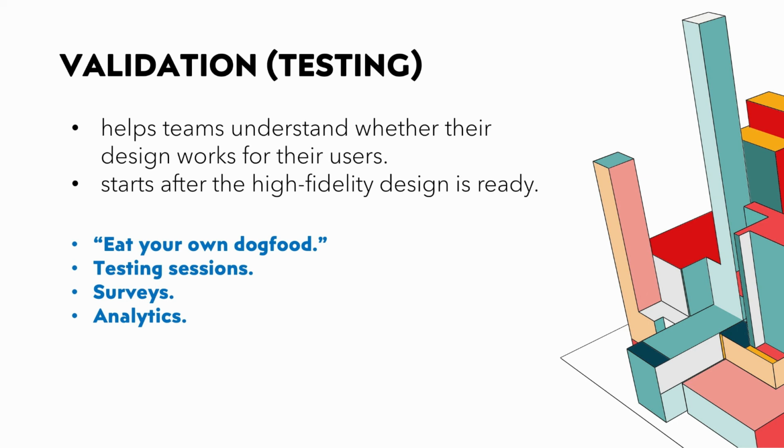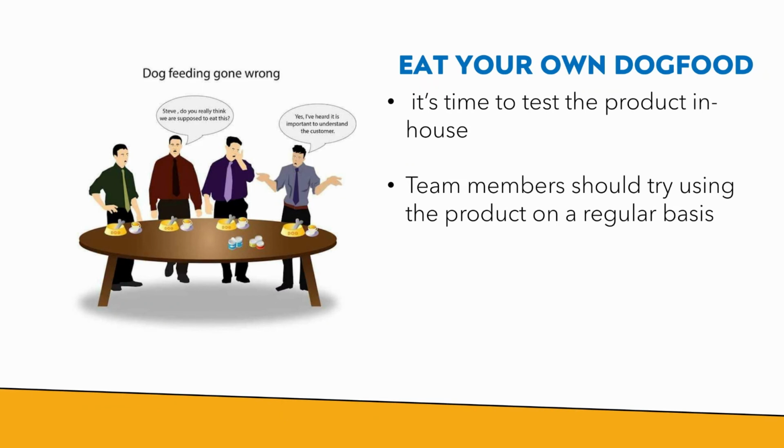Validation is an essential step in the design process because it helps teams understand whether their design works for their users. Usually, the validation phase starts after the high fidelity design is ready. The validation phase includes activities like eating your own dog food, testing sessions, surveys, and analytics.